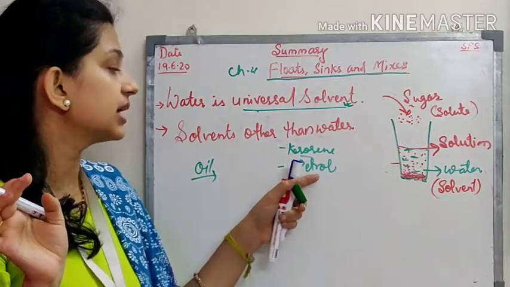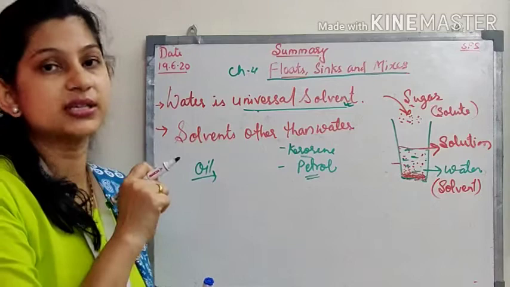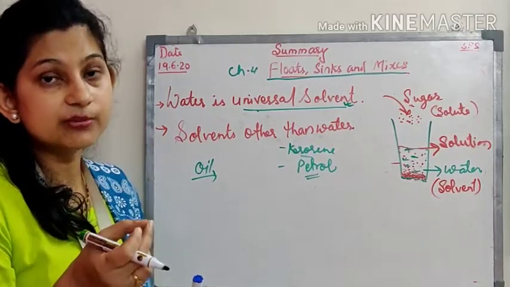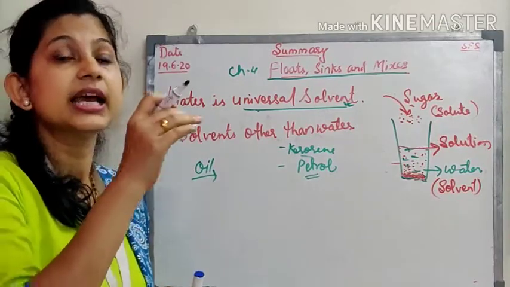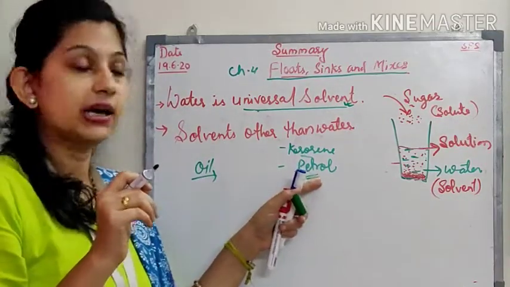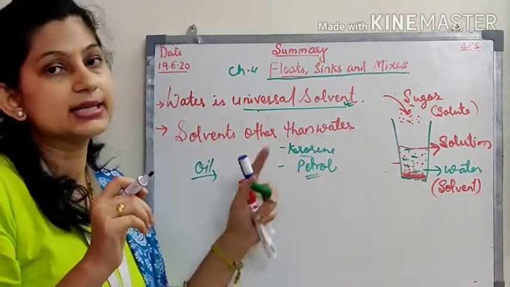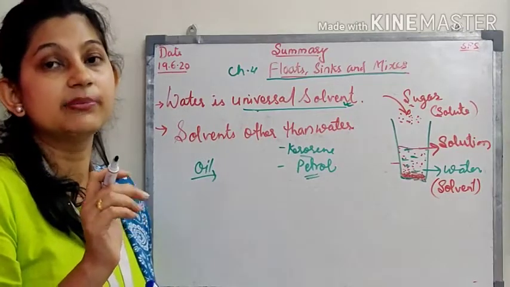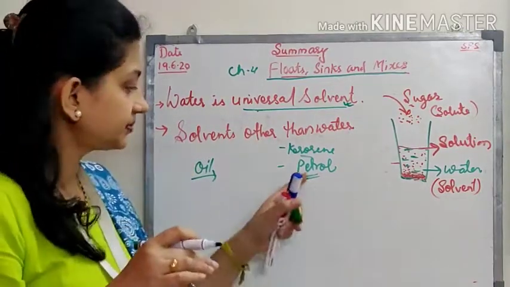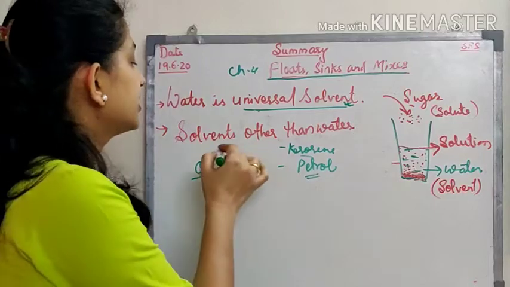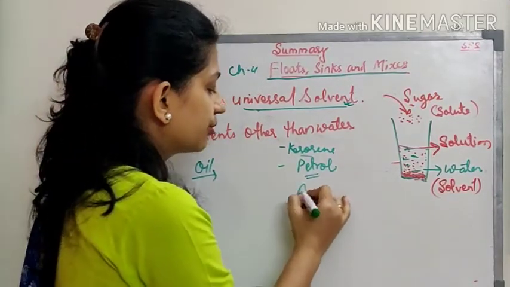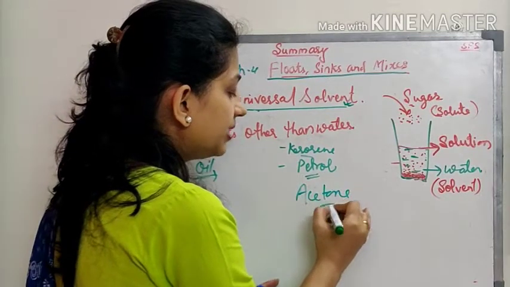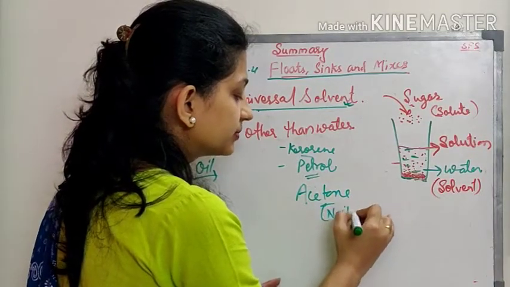They try to remove the stain, and the stain is removed because the oil or grease dissolved in petrol, and so it was cleaned. Clear? So this was a solvent other than water. One more example we have discussed is acetone, yes, in nail polish remover.